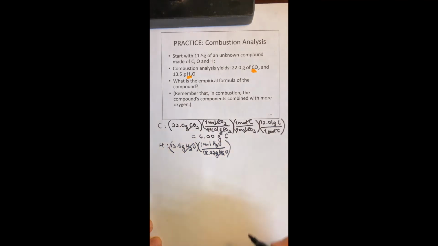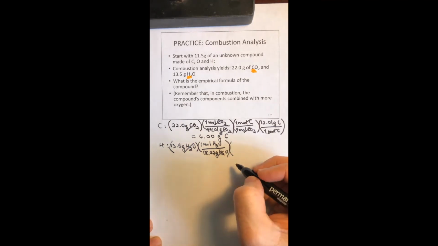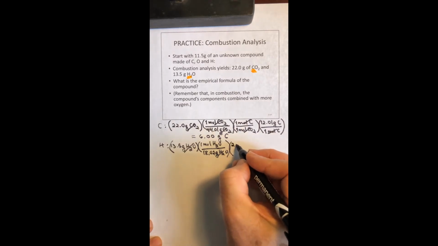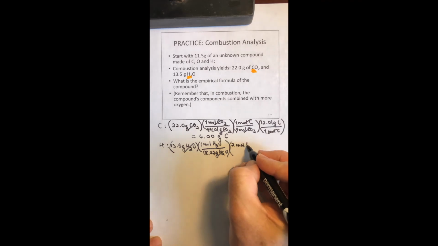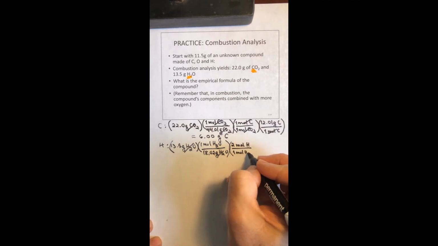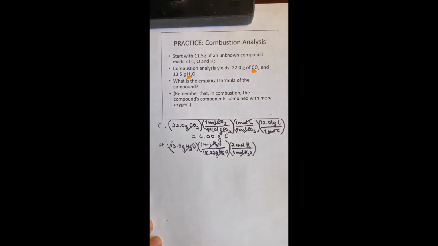Cancel the grams of water out. Now careful with this one. How many moles of hydrogen are in a mole of water? That's right, it's 2 moles, right? Because 2 hydrogens per molecule. So there's 2 moles of H in 1 mole of H2O. And that cancels those out.